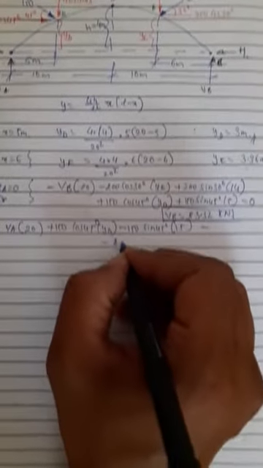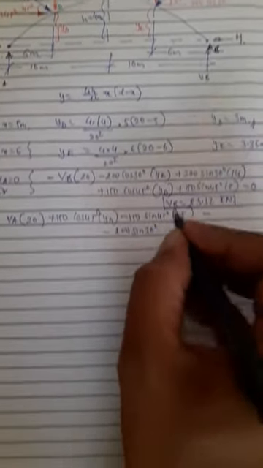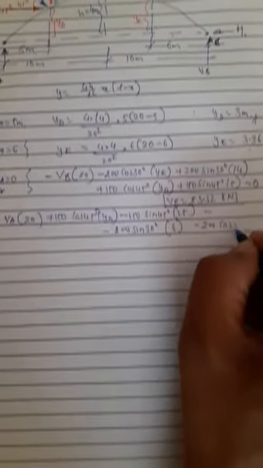Minus 200 sin 30 into perpendicular distance 6, minus 200 cos 30, perpendicular distance is YE, is equal to 0. Solving this, I get VA is equal to 122.73 kilonewtons.